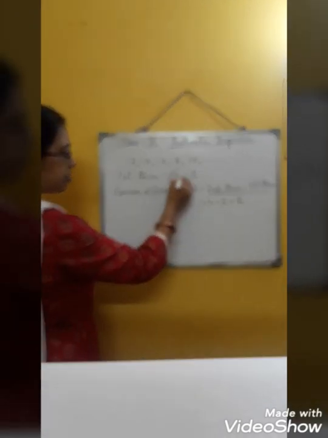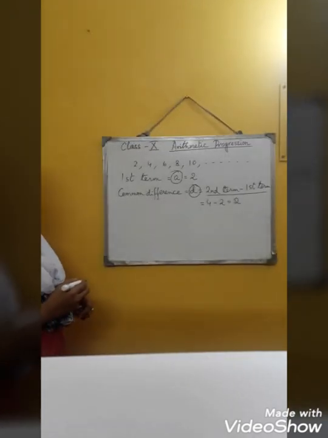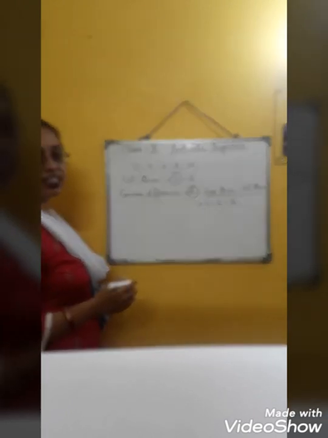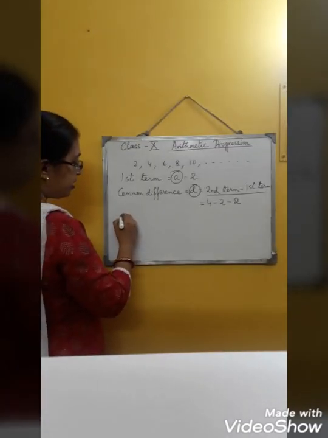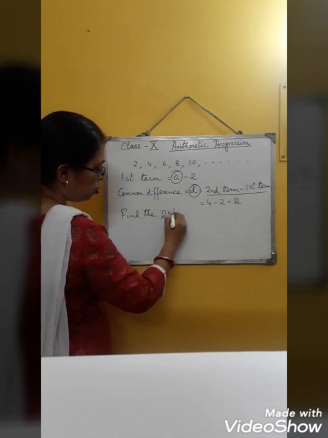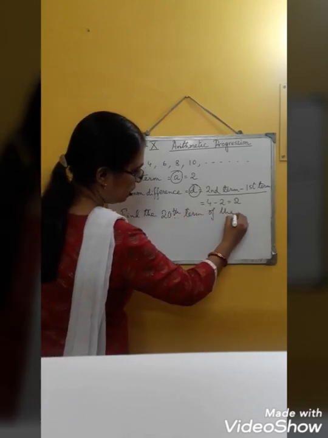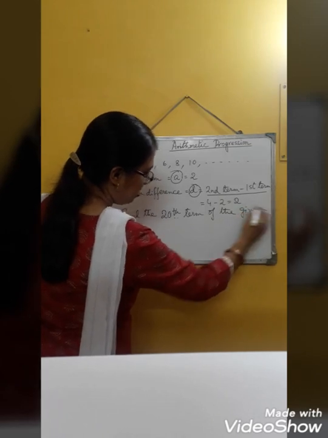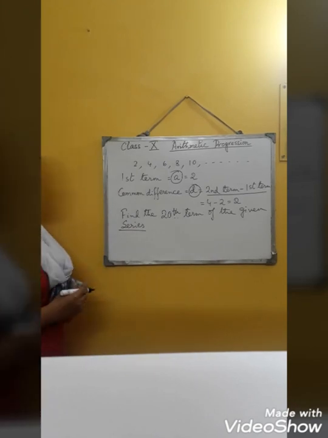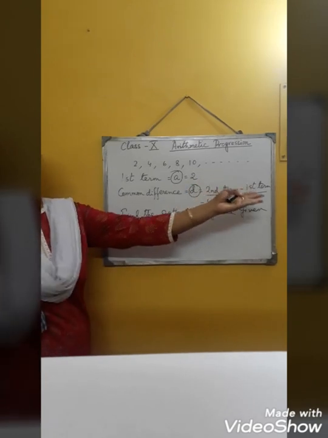So when you know the first term and the common difference, you can find any term of the series. Like suppose I tell you in this series, find the 20th term. Now it is not possible that you go on counting this plus 2, this plus 2, this plus 2 and so on.